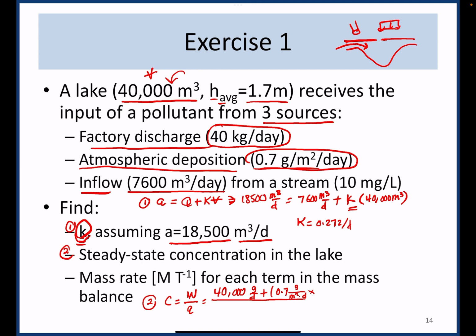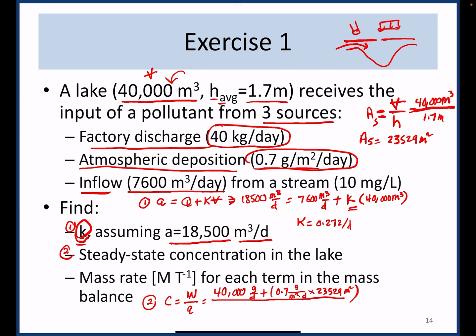The surface area is equal to the volume divided by the average depth: 40,000 meter cube over 1.7 meter, which is 23,529 meters square. You can see the meters square cancel, and that's gram per day.